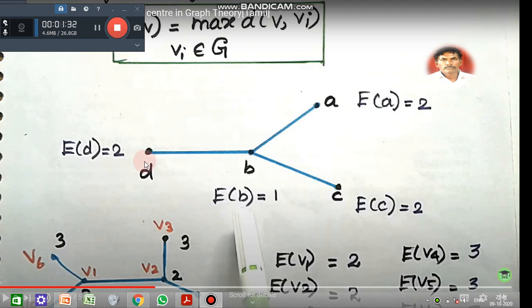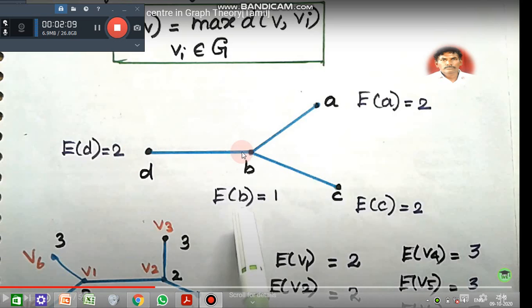How long is D away from A, the farthest vertex? 2 units away. From here to here 1 unit, from here to here another unit. So the eccentricity of D is equal to 2. Similarly, the other vertex C is also 2 units away from the vertex D.